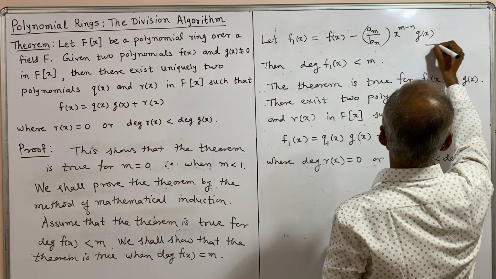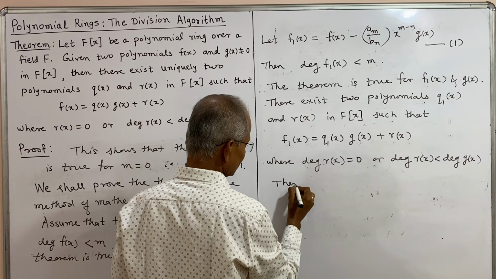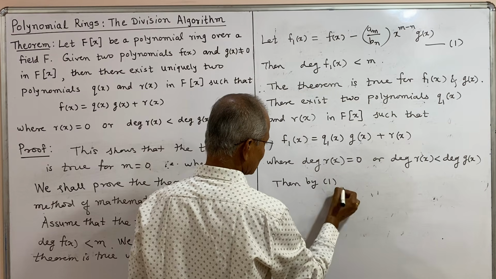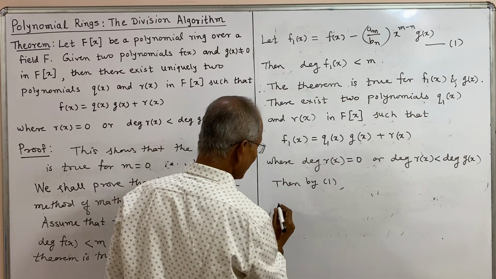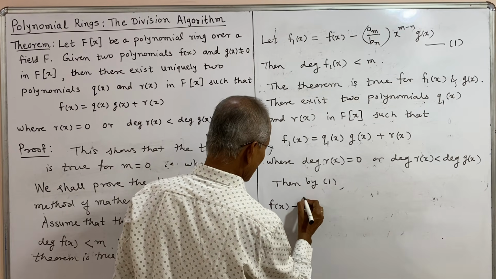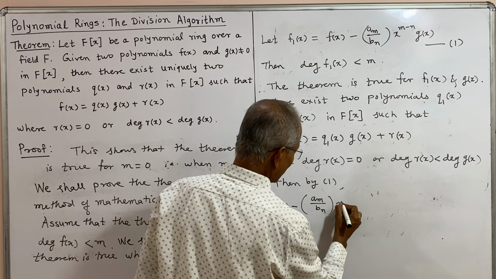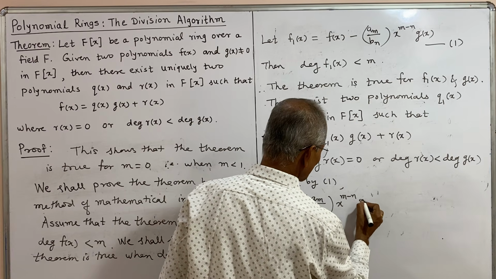So we may call this equation 1. Then by 1 we will have f(x) minus am upon bn into x power m minus n into g(x).